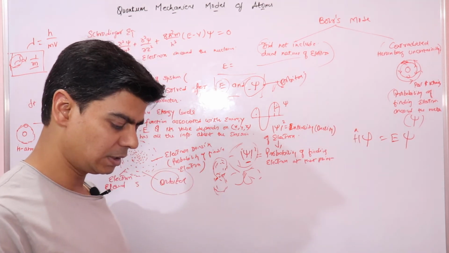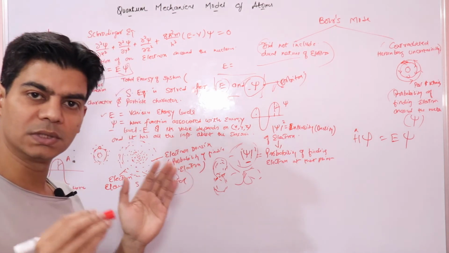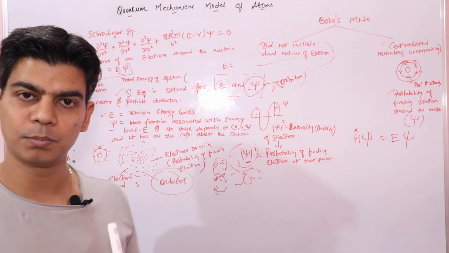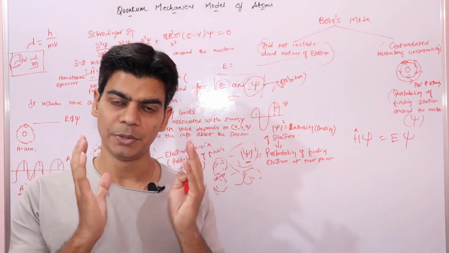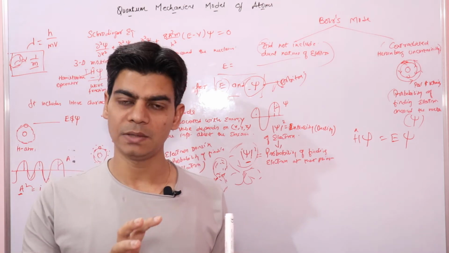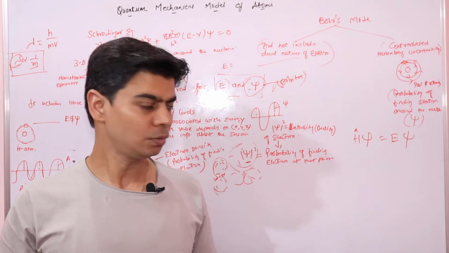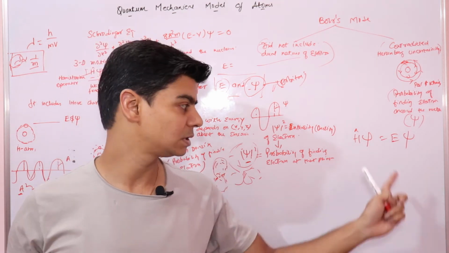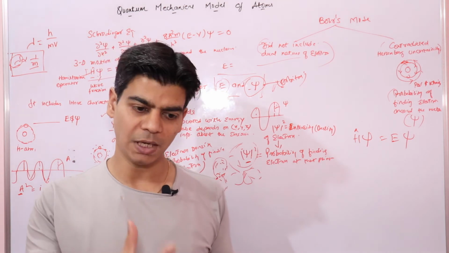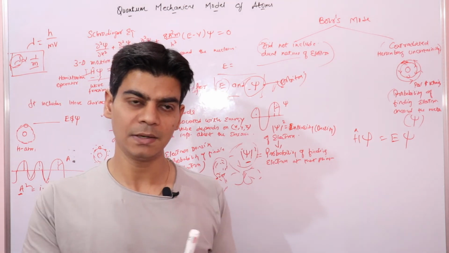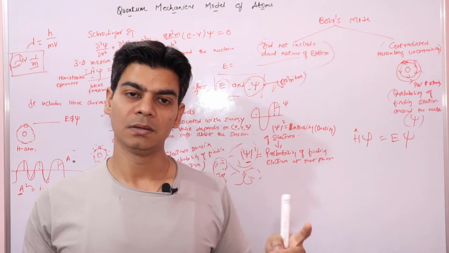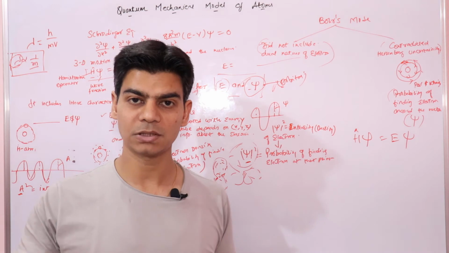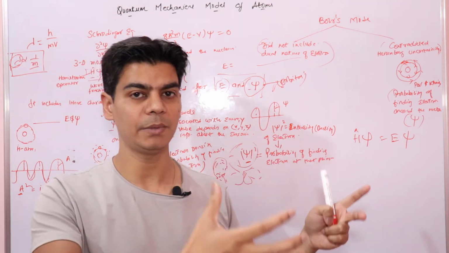right? We construct the Hamiltonian operator from the energy of the system. So if you take a multi-electron atom, the energy of the system will include the repulsion potential, the repulsive forces between the electrons, because you have 2 electrons now. This is the total energy of the system. In the beginning I said that this energy includes attractive forces between electrons and nuclei, and repulsive forces between nuclei and between electrons.